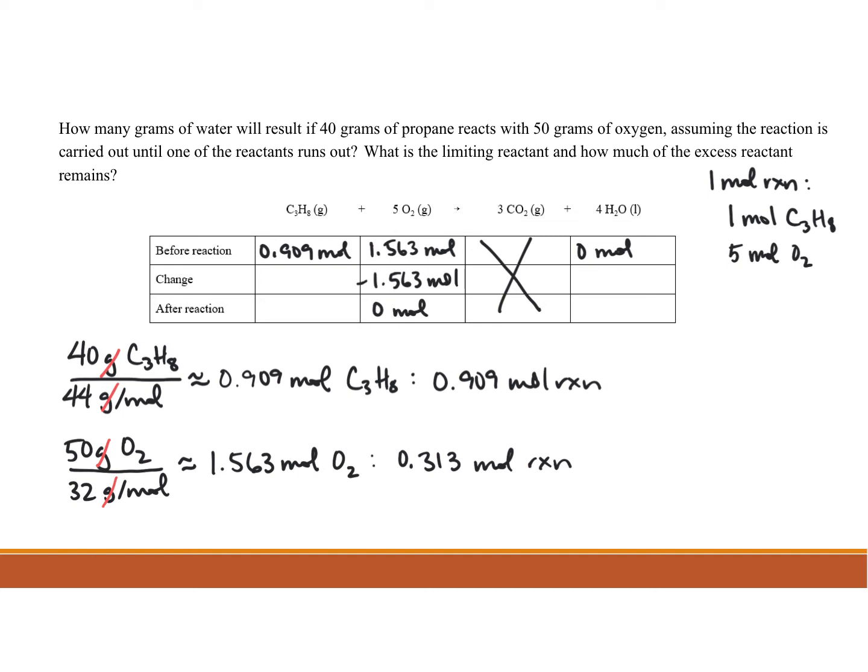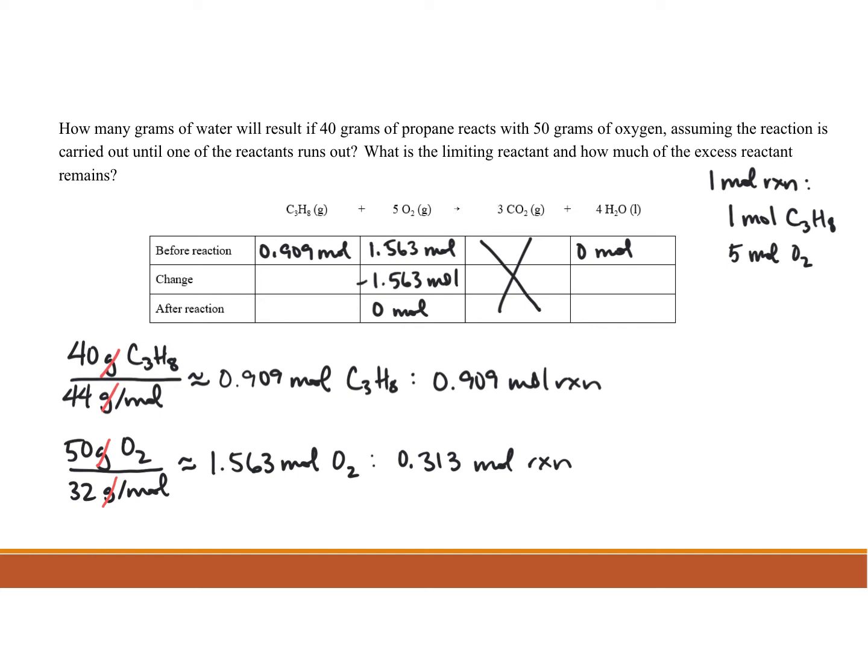Now, to determine how many moles of water will be produced, you can take that 1.563 moles of oxygen and convert it to moles of water using your coefficients.